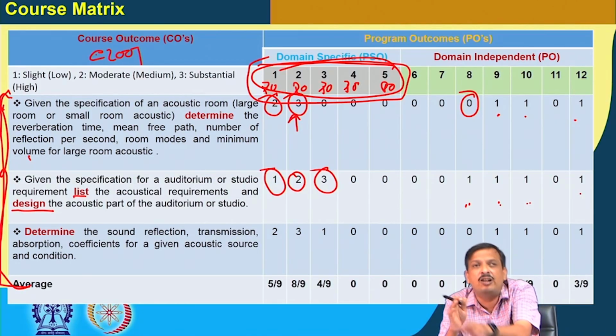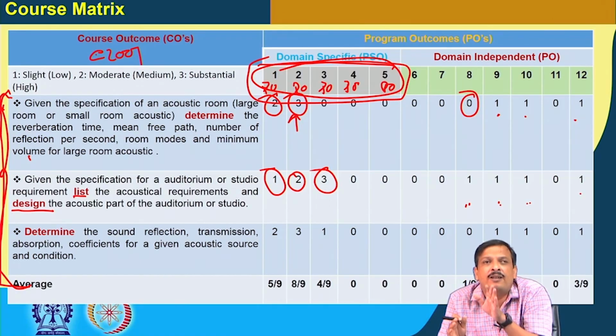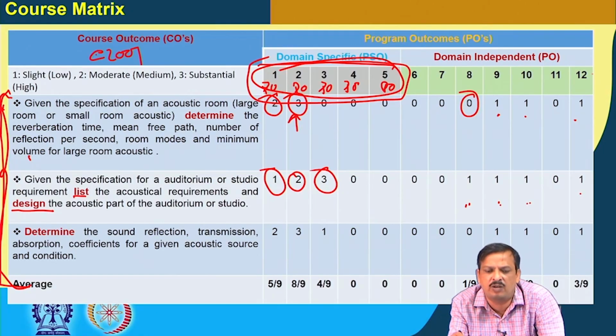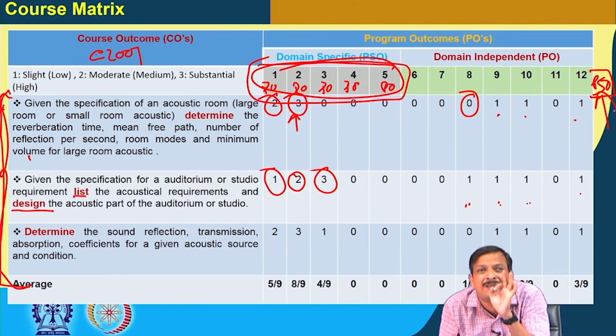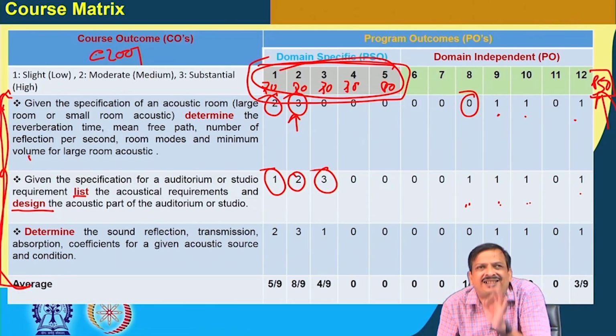Then you have written down another 2 or 3 PSO, which you can say is the departmental expertise. So, I can write down here PSO 1, which only indicates the departmental expertise, for example this electronics department's expertise on VLSI design or embedded system.